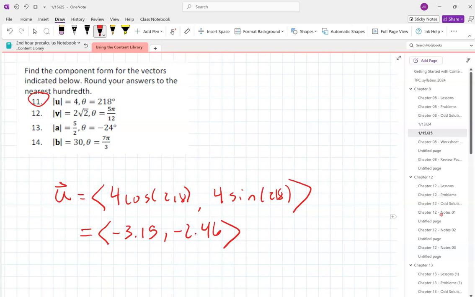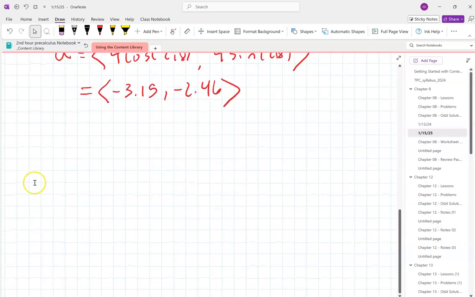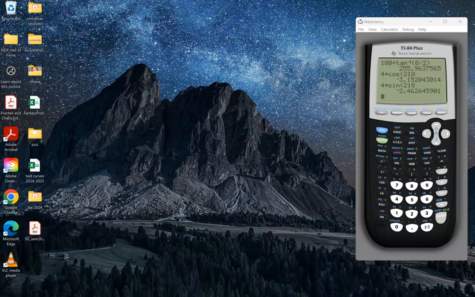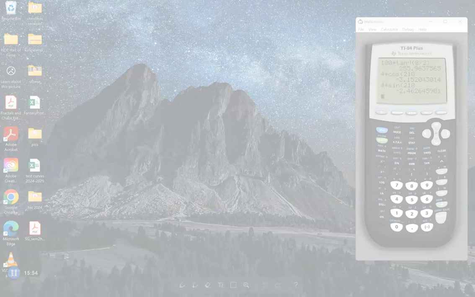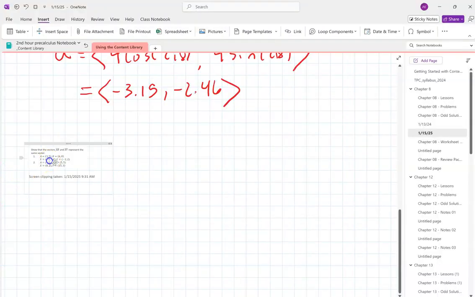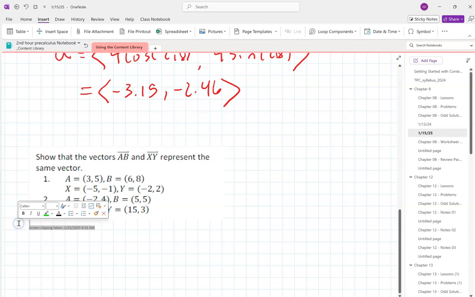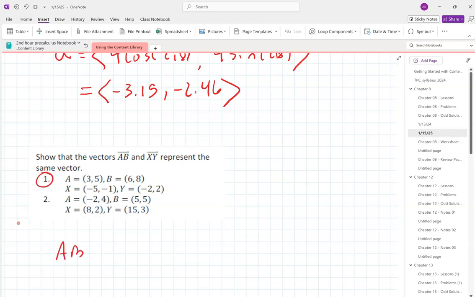Okay. Do you remember how to go from a given head and tail to component form? All right. So let's say vector AB. How do I tell whether A or B is the head or the tail?